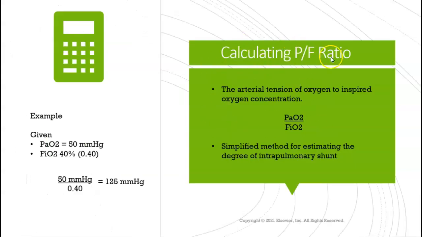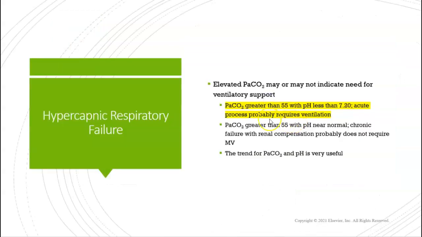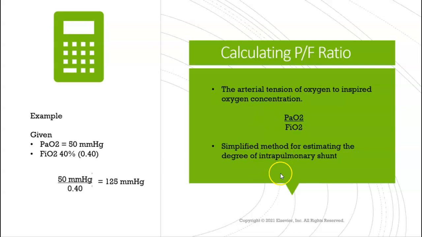Okay, so calculating your PF ratio, this is just, again, breaking it down for you a little bit further, just in case there's some confusion. This is that arterial tension of oxygen to inspired oxygen concentration. And this is a simplified method to estimate the degree of that intrapulmonary shunting, so the amount of fluid and stuff like that in the lungs.